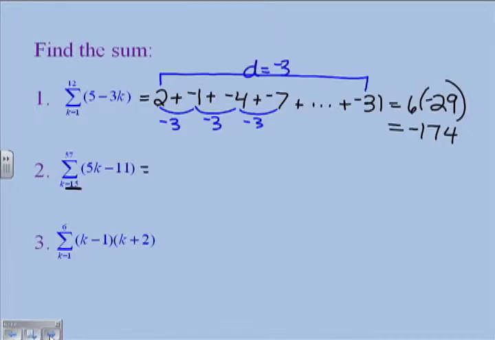So I have 75 minus 11, that's what, 64? Then put in 16. 5 times 16 is 80. 80 minus 11 is 69. Put in 17. We get 85 minus 11, we get 74. And I kind of see a pattern going there. I hope you do.